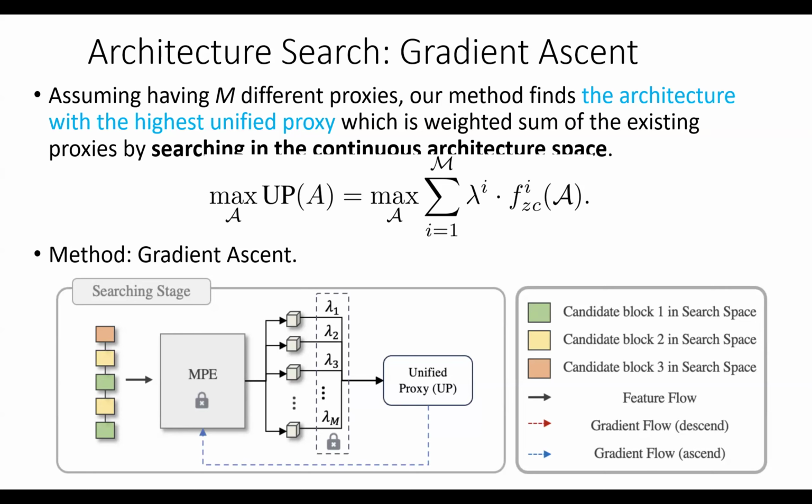We want to maximize this goal simply through gradient ascent, so it is very fast. After finding the architecture in the continuous embedding space, we use the decoder part of the architecture to convert it back to an architecture.